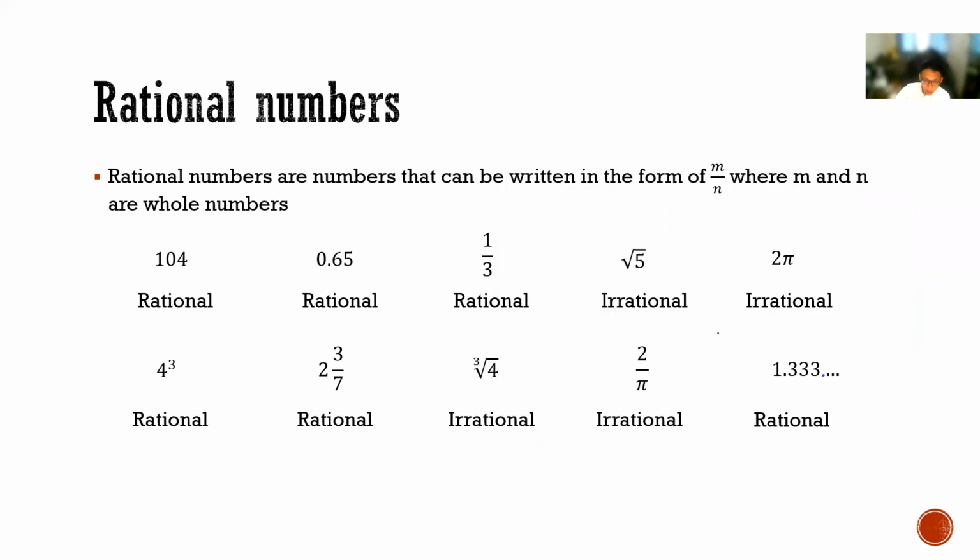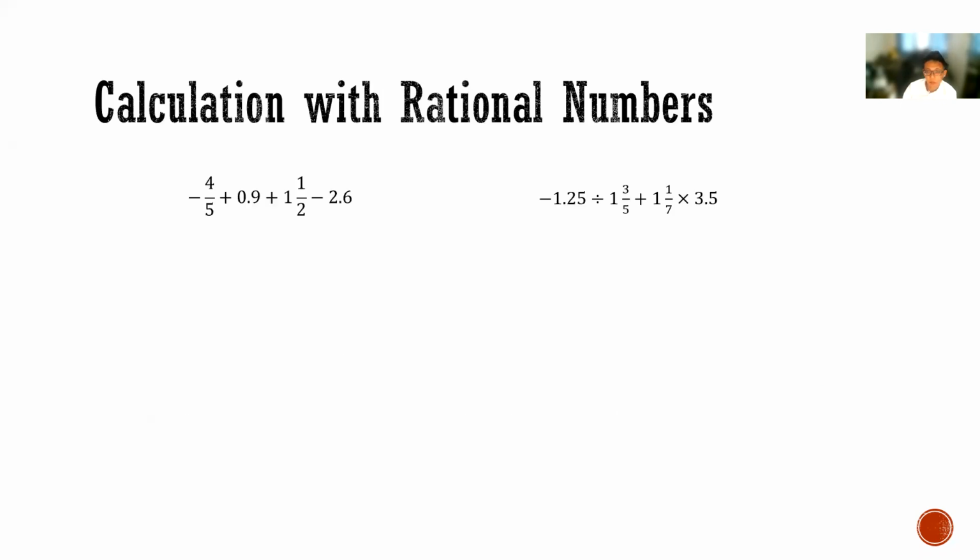So a repeating decimal, if it keeps repeating the same decimal, is still a rational number, because it's still a number that I can put in fraction form. So the only ones that are irrational are those that involve your roots, basically, and also your pi. Other than that, they are all rational numbers.